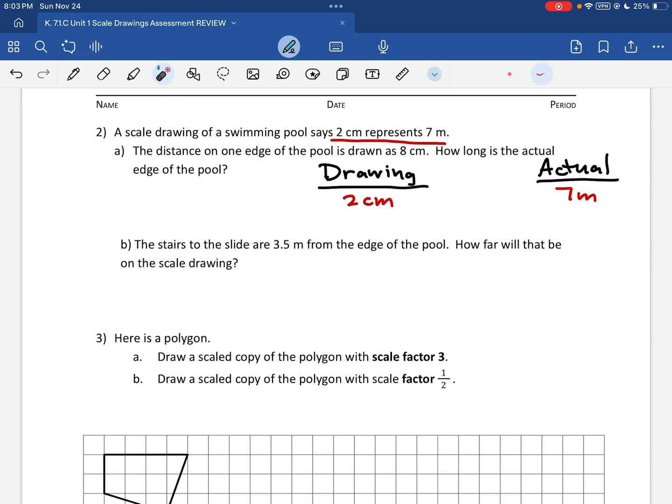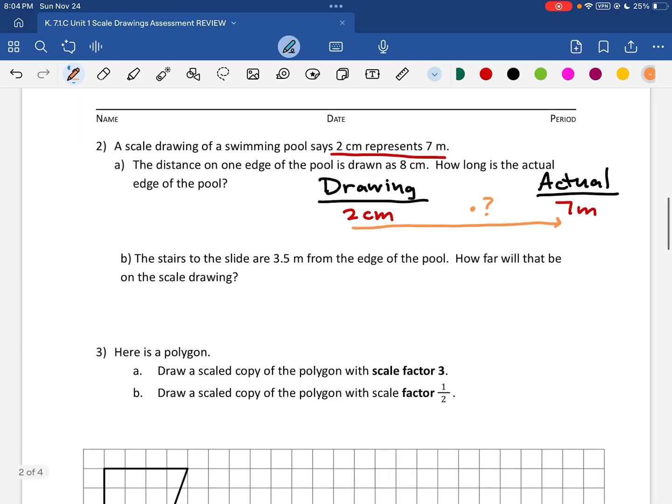We also have an important relationship here. 2 changes to a 7. This one is not quite as straightforward as our mental math in the previous problem, but I still want to ask, how does a 2 change to a 7? If you can do it with mental math, that's great. But remember, anytime I don't know how to go forwards with multiplication, so 2 times question mark is 7, we can always work backwards and divide.